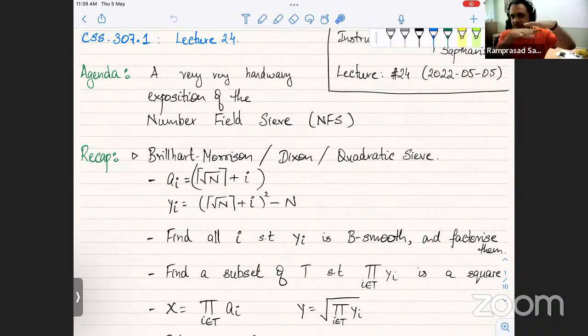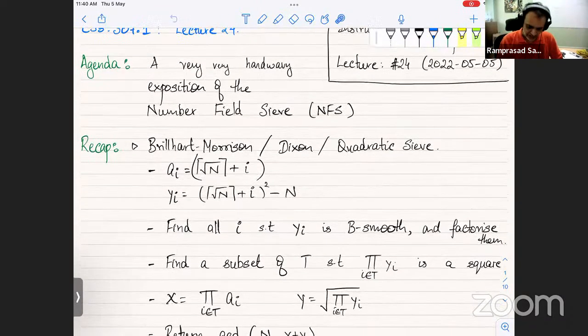Once you have enough relations, you can find some non-empty subset of rows such that this product is a square, which is just solving a system of linear equations modulo 2. You solve that system, and it tells you to take this particular product of yi's, which is a square because all its exponents are even numbers.